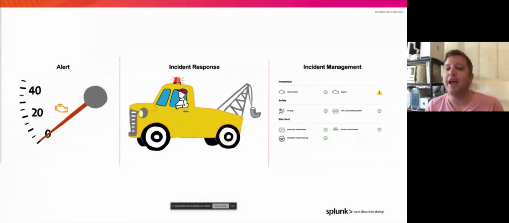That may be accessing dashboards. It may be going and getting the right subject matter expert. In this case, in roadside assistance, they might take your car to the shop. Once they take your car to the shop, they're going to plug your car in and find out exactly what's going on, getting incident codes and all the codes that come from cars.